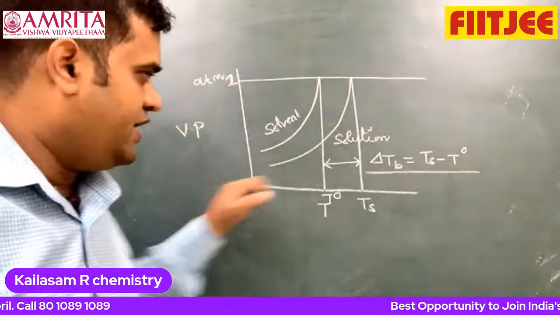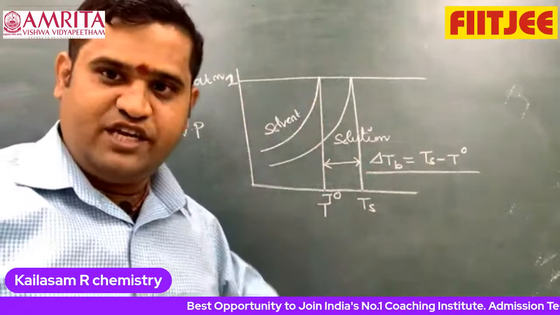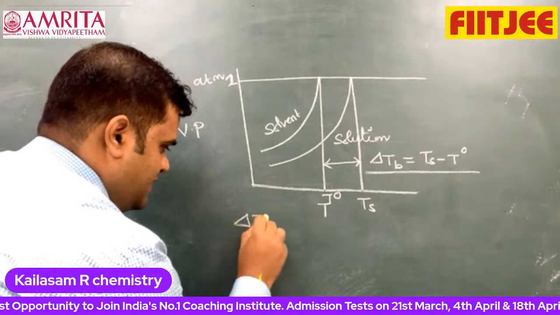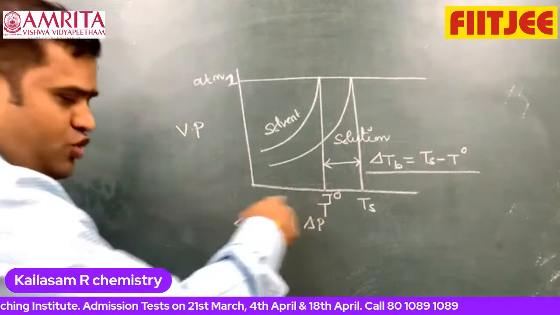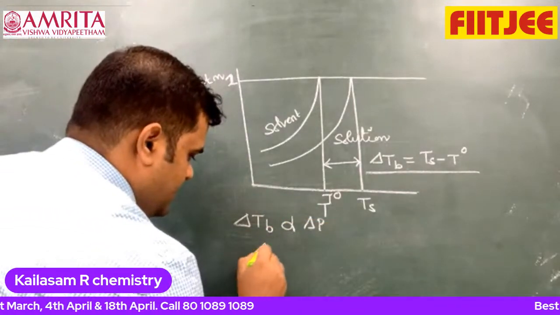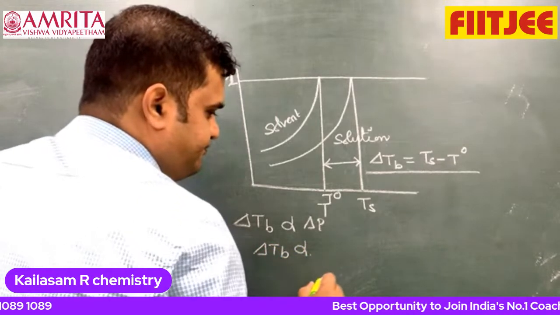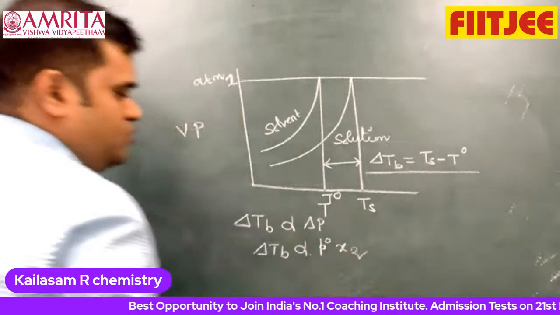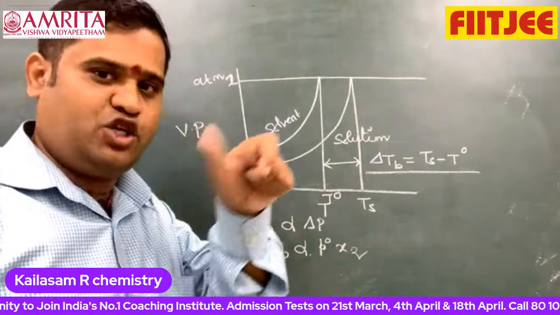Now, from this, I want to derive that delta TB is directly proportional to the change in the vapor pressure. Listen to me. Delta TB is directly proportional to delta P. Just now we have learned what delta P is: P naught into X2, where X2 is the mole fraction of the solute.